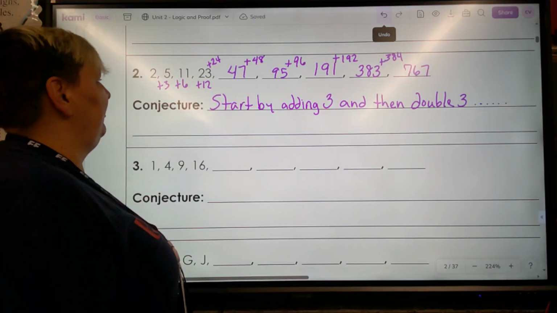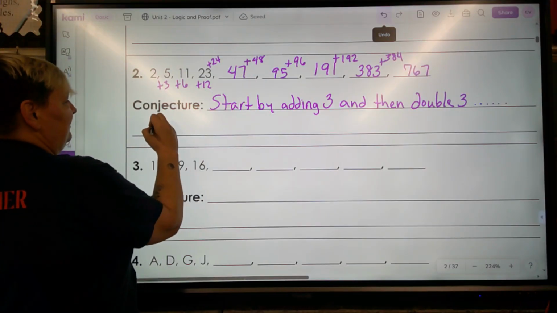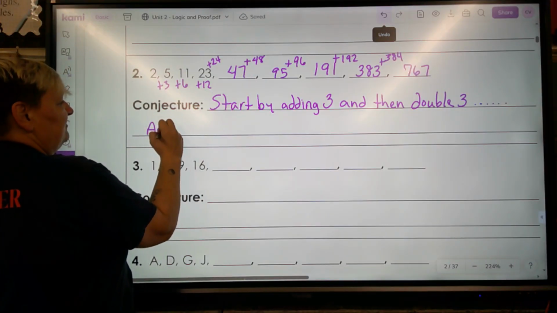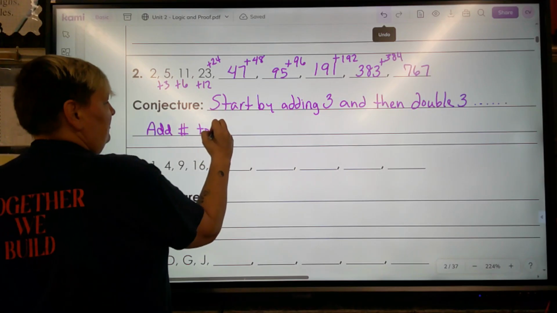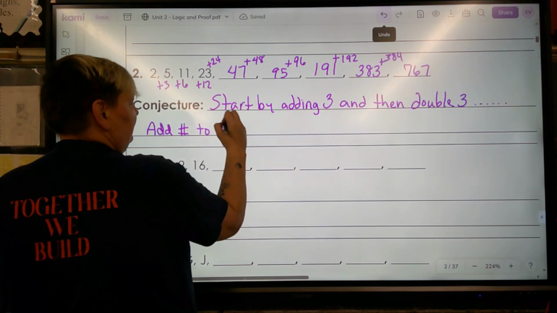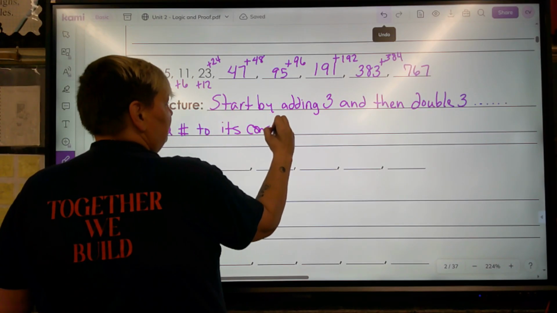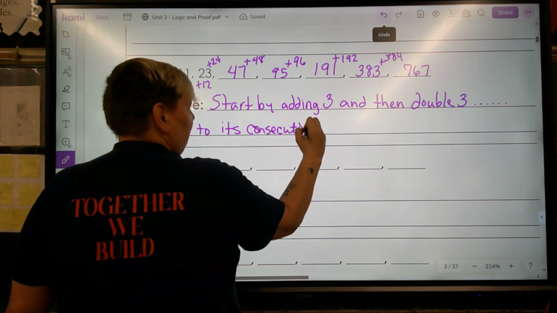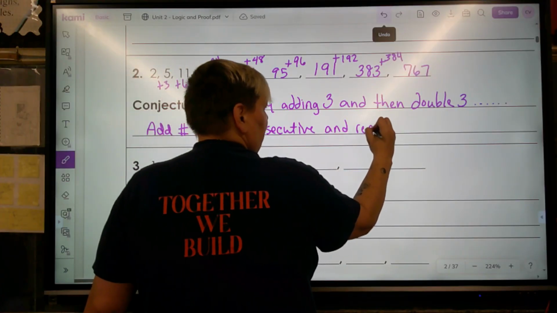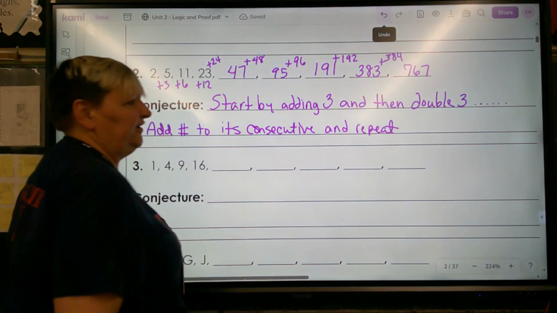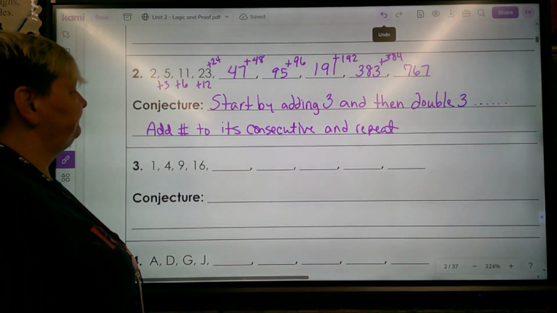The second pattern was add a number to its consecutive number and repeat. Right? So two different patterns.